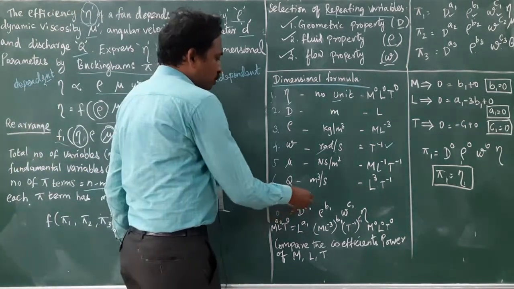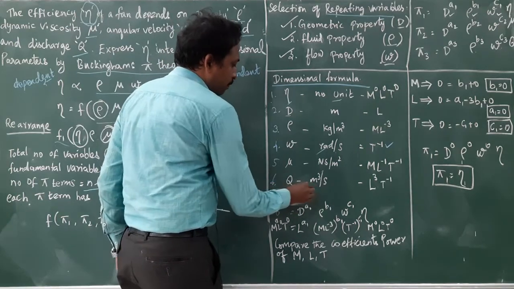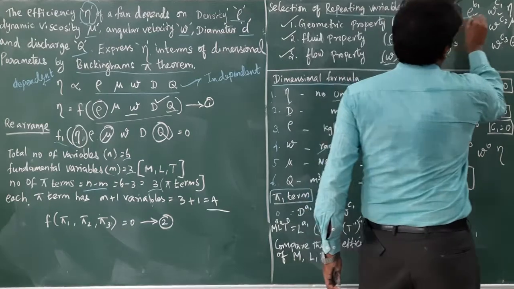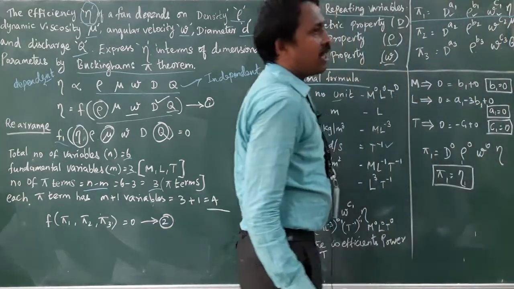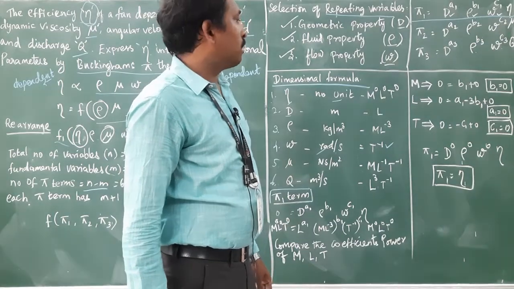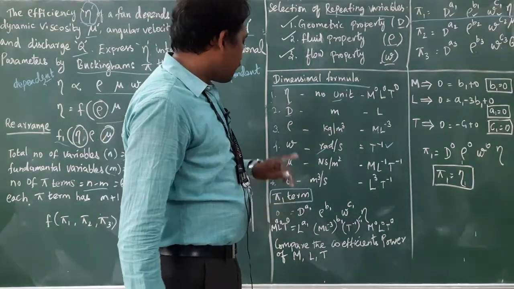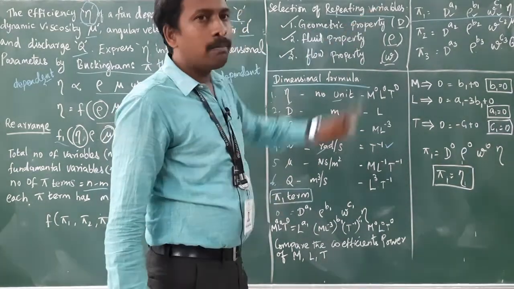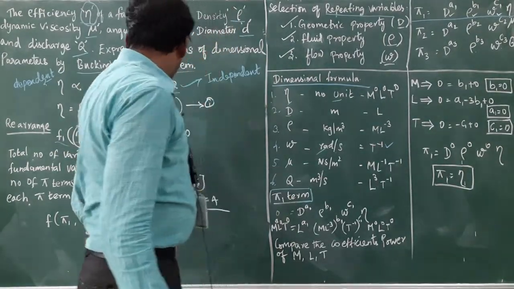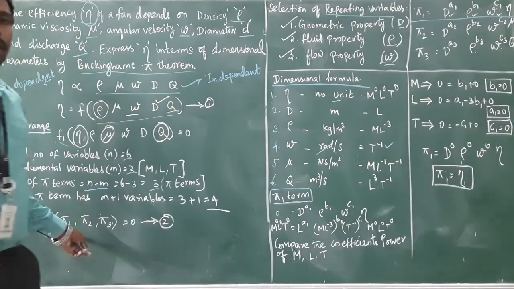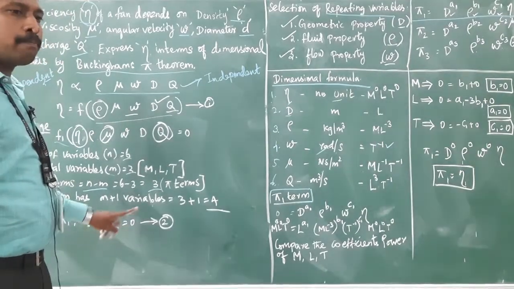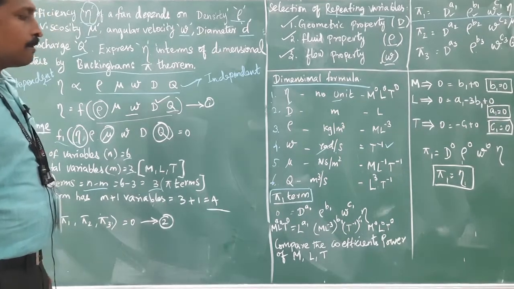So first we need to solve the pi 1 term, which is d power a1 rho power b1 omega power c1 into eta. Write the dimensional formula for the pi 1 term. We already know the function of pi terms is 0, that is f of pi 1, pi 2 and pi 3 is 0.